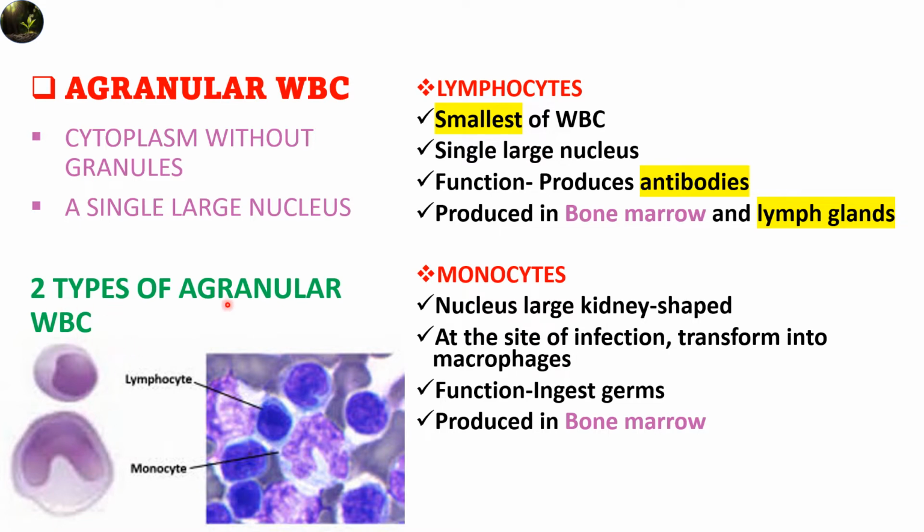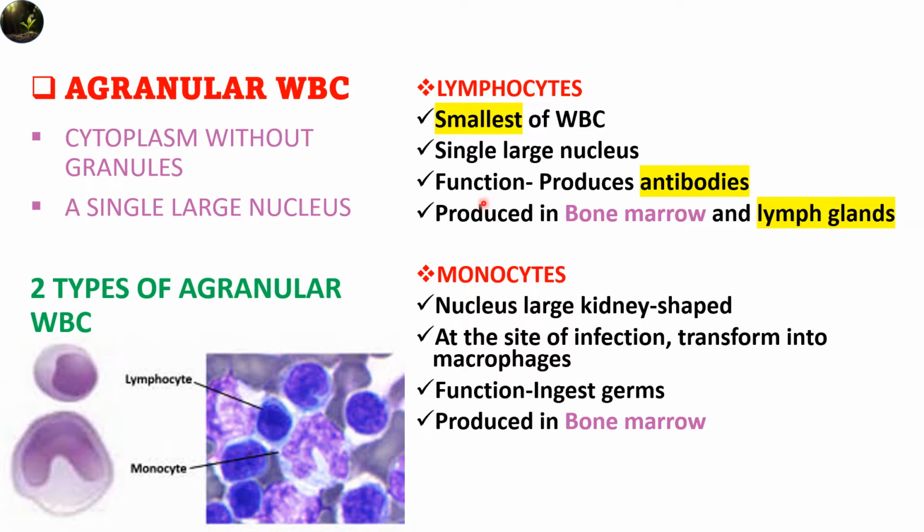Then two types of agranular WBCs you can see. First one lymphocyte, another one monocyte. What are the main features of lymphocytes? Lymphocytes are the smallest of the WBC. It has a single large nucleus. You can see here lymphocyte has a single large nucleus.